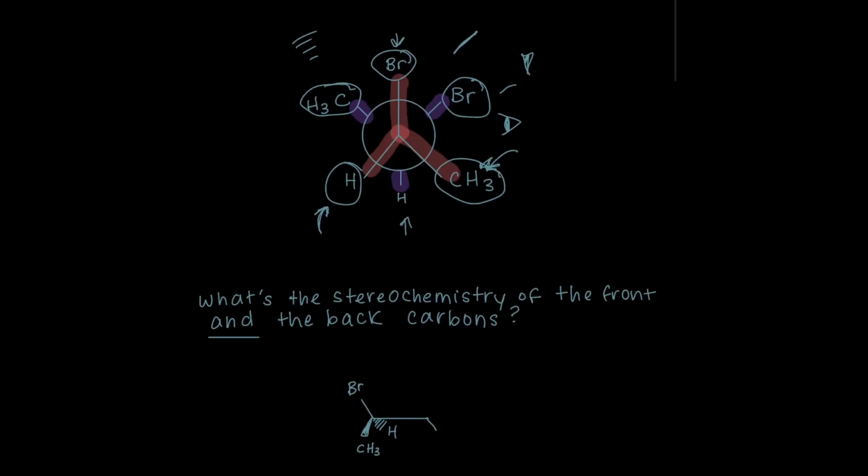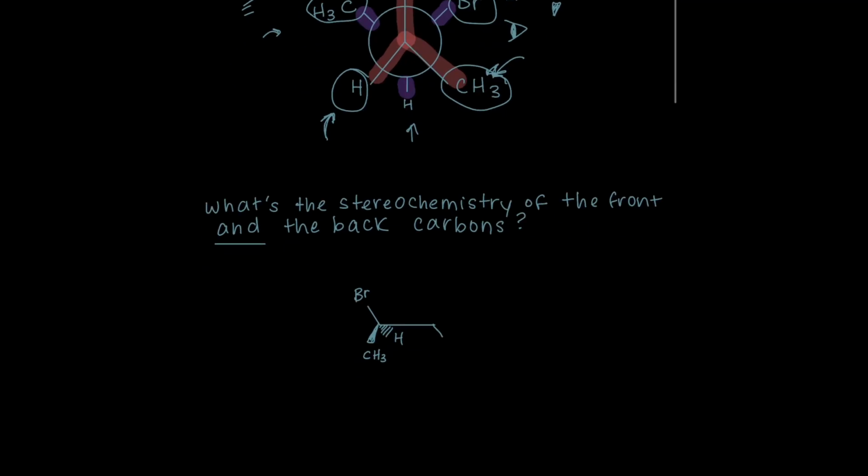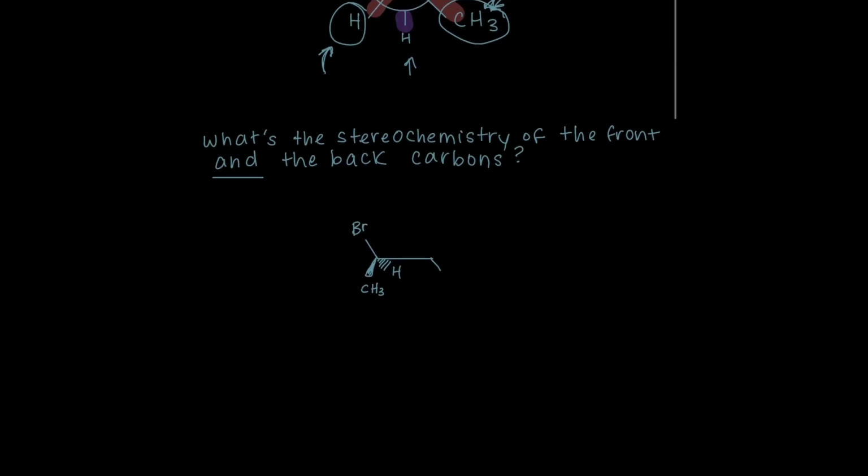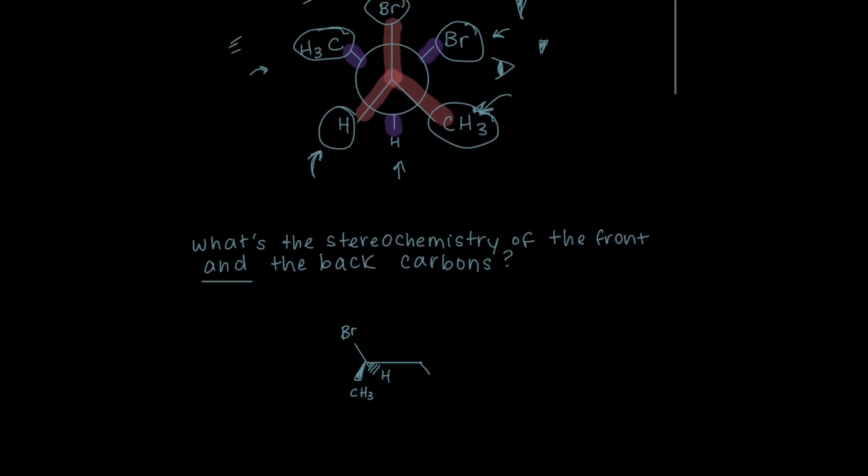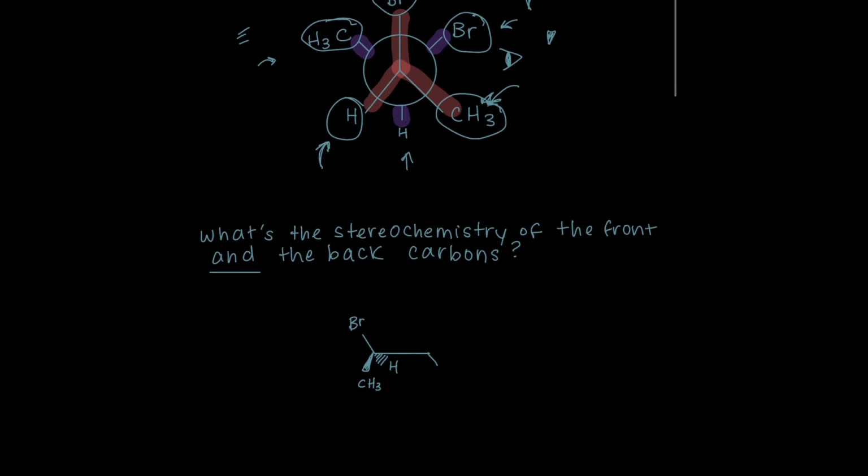So what's to the right is going to be your wedge. What's to the left is going to be your dash. What's in the middle will just be a straight line, not a wedge or a dash. Then we're going to look at this side, which is going to be the back carbon, right? So the right side is going to be the back carbon.